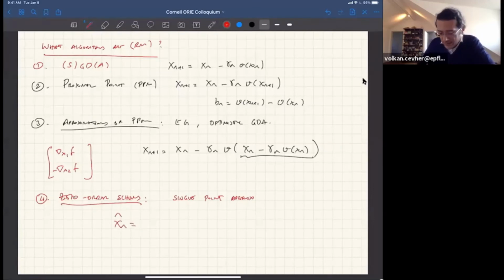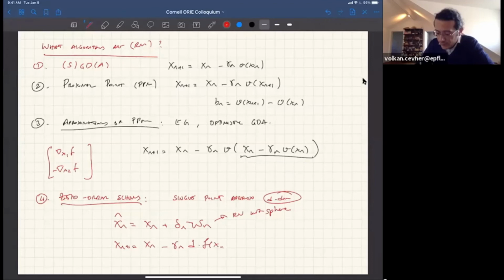You take xn hat, which is xn plus gamma n times some random variable on the unit sphere, with some step. This is the d-dimensional sphere. You evaluate the function.